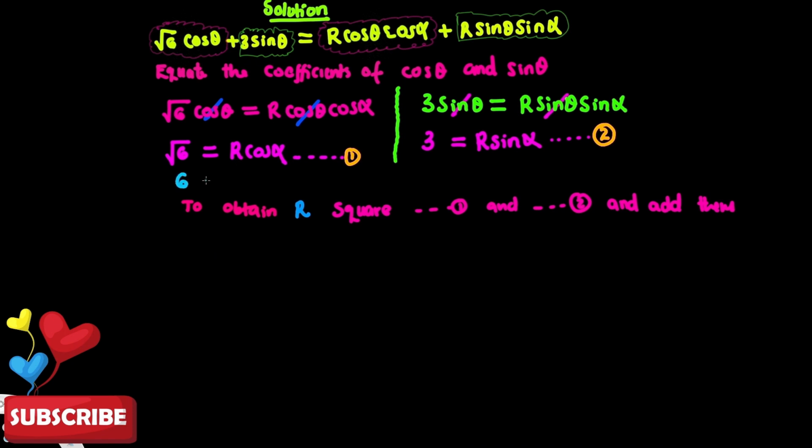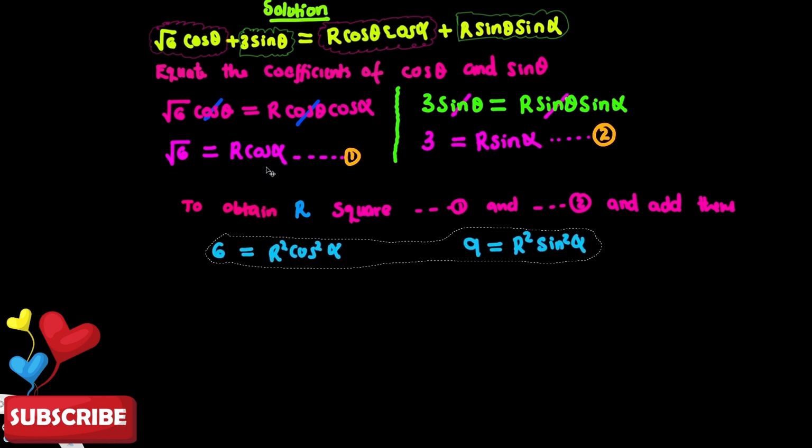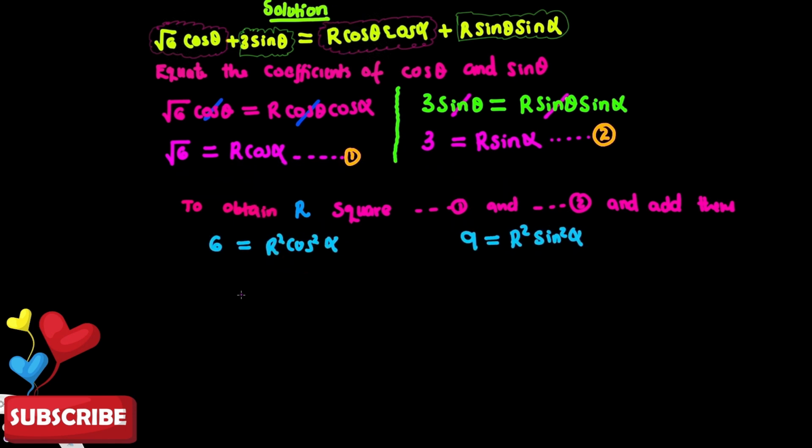If you square root 6, it becomes 6, and this becomes r squared cos squared alpha. If you square 3, it becomes 9 equals r squared sin squared alpha. So these particular terms that we have here, we can transport them down here so that we can add them as we agreed.